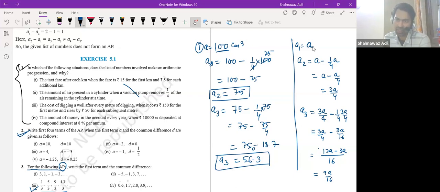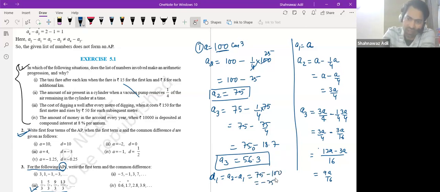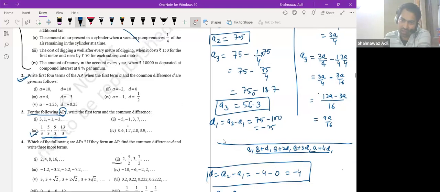In this way, you can also do it. So this is A, this is 3A by 4. So the difference, we can see simply from here. D1 is A2 minus A1, which is 75 minus 100, which is minus 25. And in this case, D2 is 56.25 minus 75, which is minus 18.75.